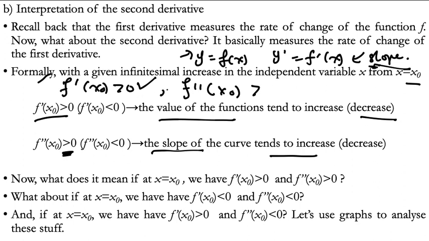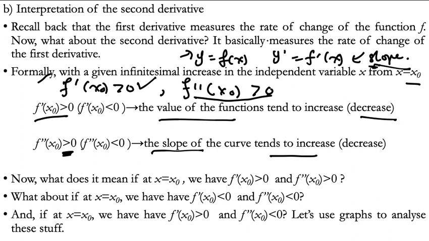The rate of change in the increasing slope here is positive or increasing. So the slope increases at an increasing rate. The slope increasing means f prime x naught is positive. The slope increasing at an increasing rate means the second derivative is positive.